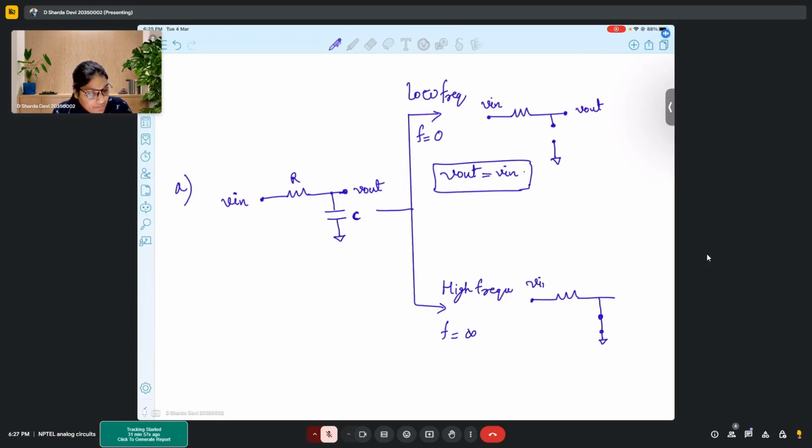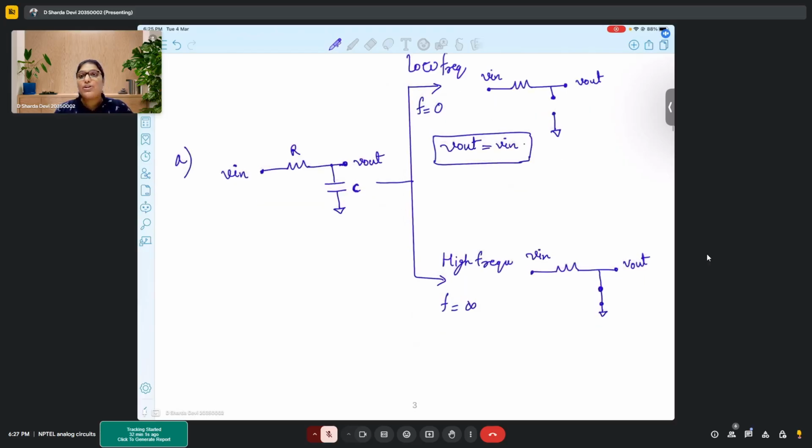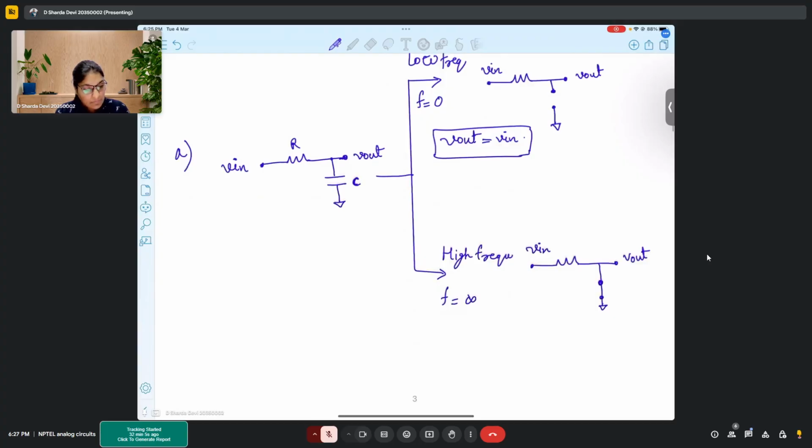So now, if we have a short circuit, what is the voltage drop we get across a short circuit path? The output is 0, correct? If we have a short circuit path, the output in that path would be 0, because there won't be any potential difference.